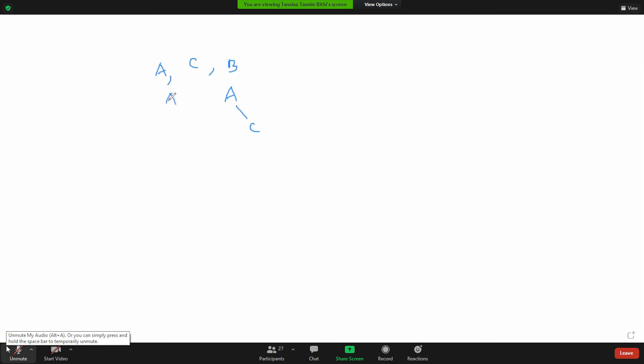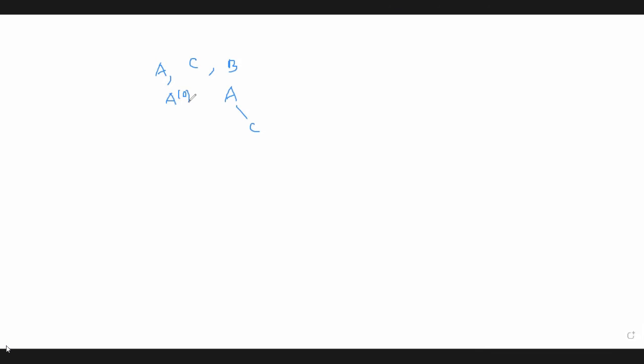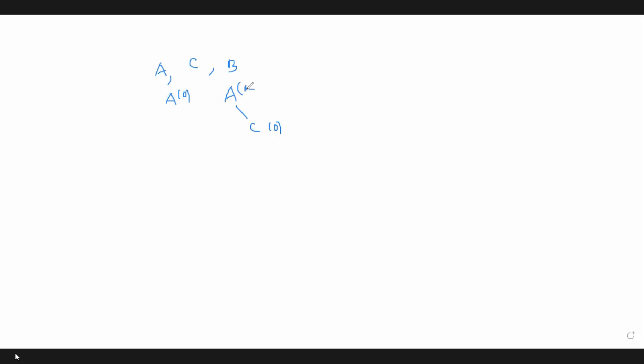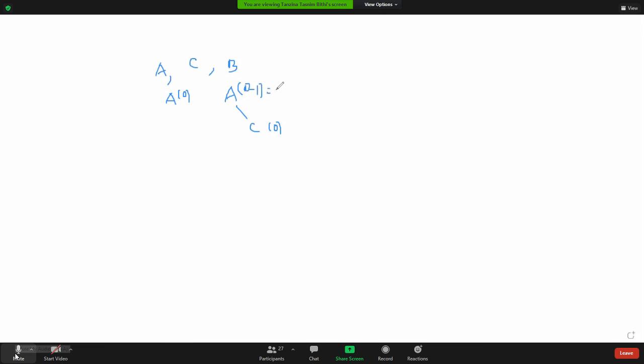When we added only one node, the root node, its balance factor was 0. But here after adding two nodes, the balance factor of C is 0 because it doesn't have any left or right child. But what about A? It doesn't have any left child, so the height of the left subtree is 0, but the height of the right subtree is 1. So 0 minus 1 equals minus 1. So it's a balanced tree.